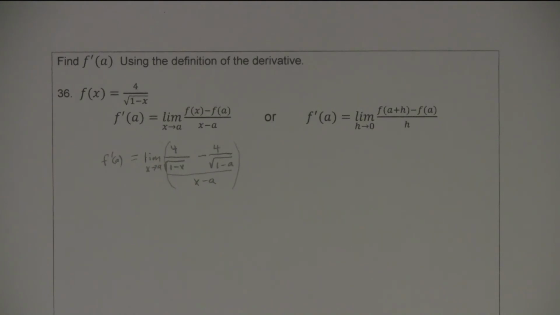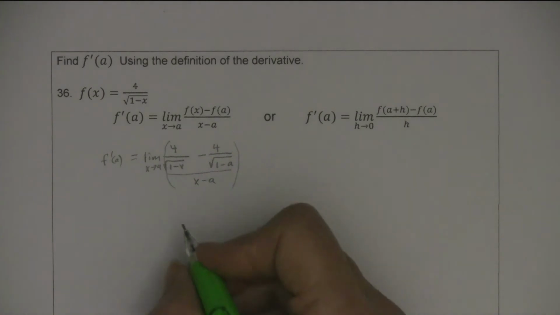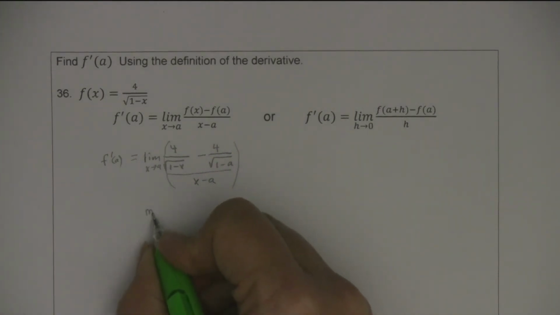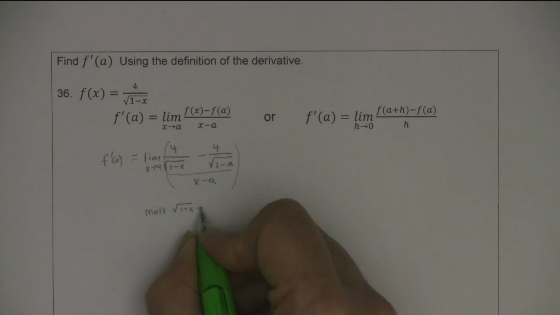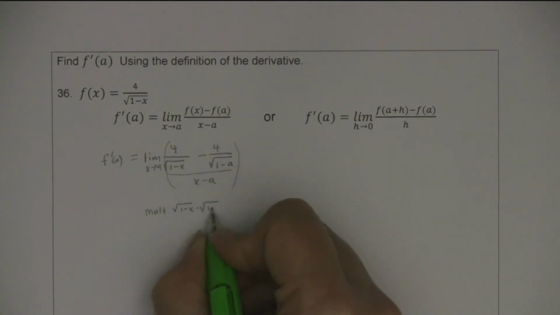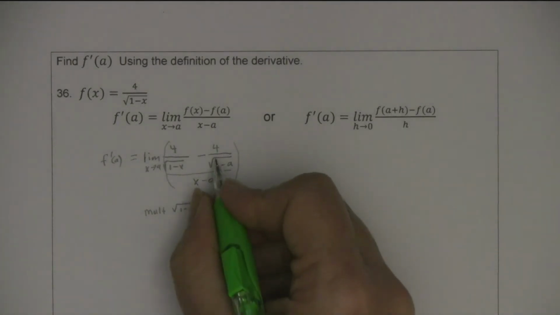And so it's a matter of how would I simplify this? The first thing I notice is I have a complex fraction. So I would want to multiply by the common denominator to clear that complex fraction. I would want to multiply by the square root of 1 minus x multiplied by the square root of 1 minus a, top and bottom.